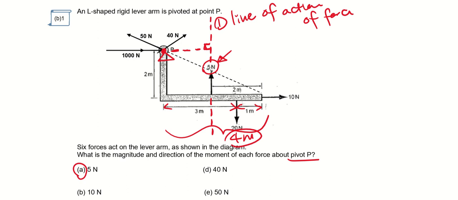From here to here, it is actually 2 meters. So the perpendicular distance for this 5 Newton will then be 2 meters. So the moment equals force 5 Newton times perpendicular distance of 2 meters, and I will get 10 Newton meter.